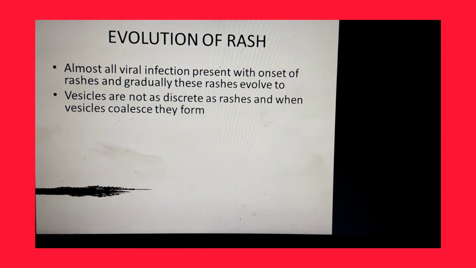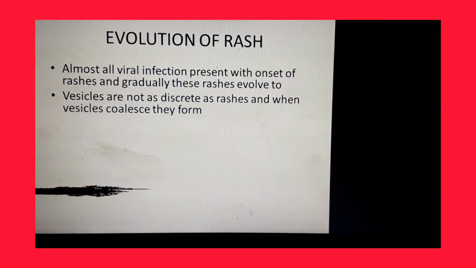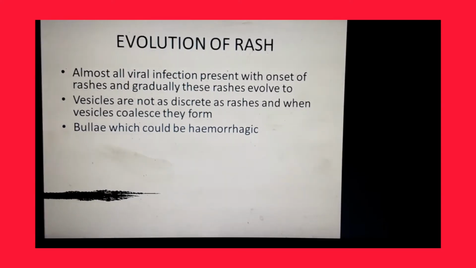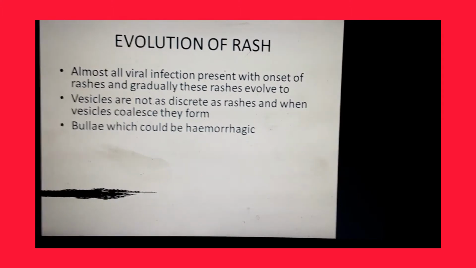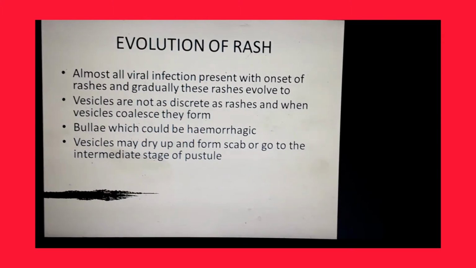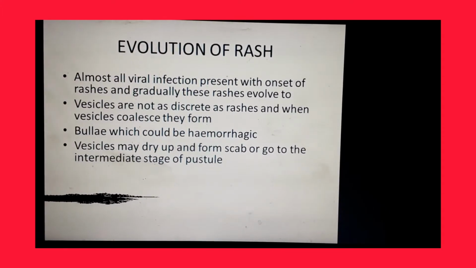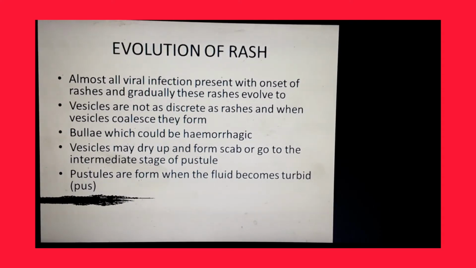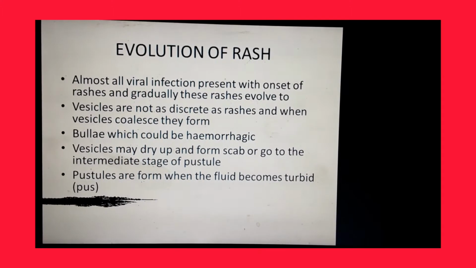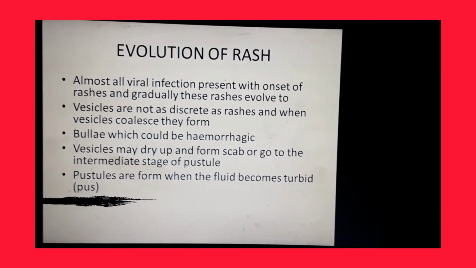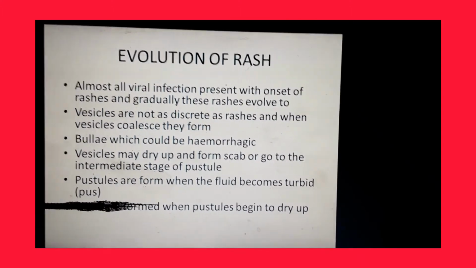They come close, they are wider, and when vesicles coalesce, they form bullae, which could be hemorrhagic, and that's serious. Vesicles may dry up and form a scab or go to an intermediate stage of the pustule. That's when you see the yellow pus inside, the fluid becomes turbid, and the final stage is crust formation.